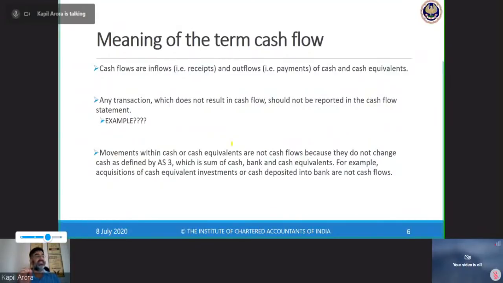If it is mentioning the time, only then you are going to consider that within cash equivalent. Government securities, yes, if we can convert that into cash quickly.